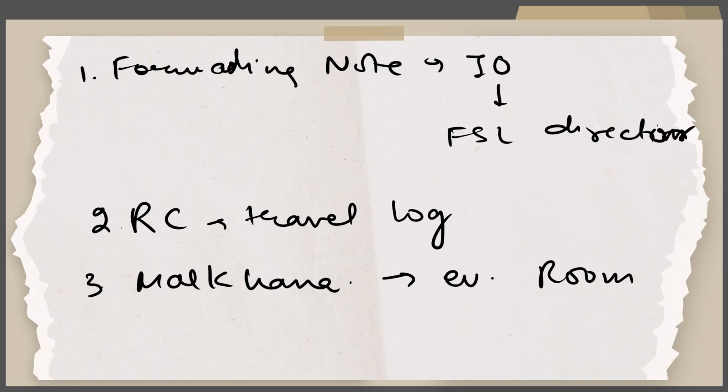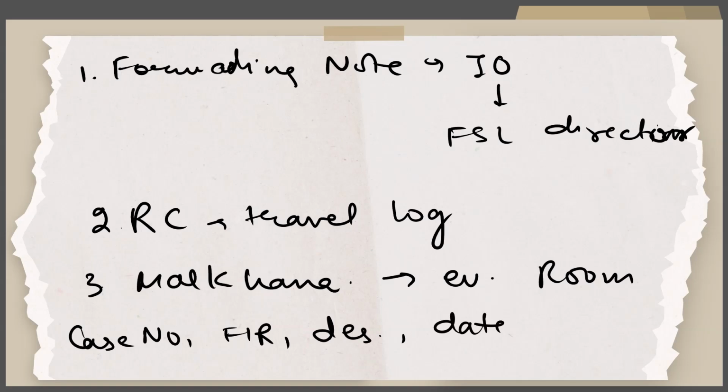Now, while formats may vary across states and laboratories, the core information remains the same. A standard chain of custody form includes case number and FIR number. It also includes description of evidence, unique exhibit number, date, time, and place of collection.